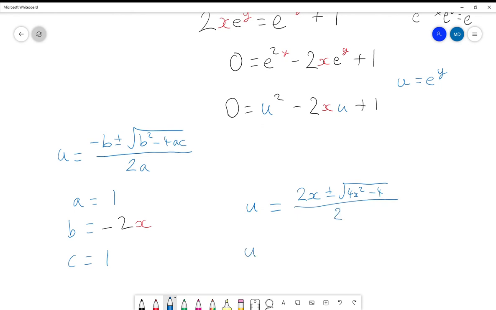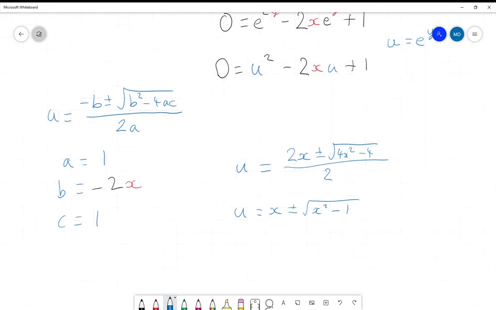Simplifying this a little bit, that gives us u is going to be equal to, well, 2x divided by 2 is just x, and 4x squared minus 4 divided by 2, given that's in a square root, gives us plus or minus the square root of x squared minus 1. And so we've got u is equal to x plus or minus the square root of x squared minus 1.